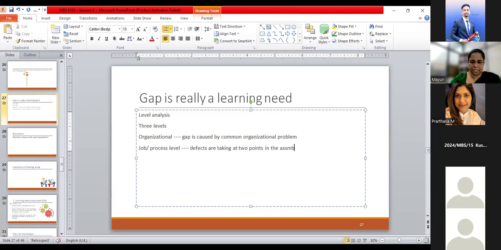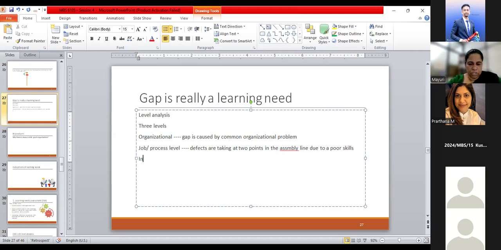In the assembly line, defects are taking place at only two points, maybe due to machinery failure, or maybe due to poor skills. If it is poor skill, it's a matter of learning. So we are doing these three levels of analysis to make sure it's a matter of learning, right?